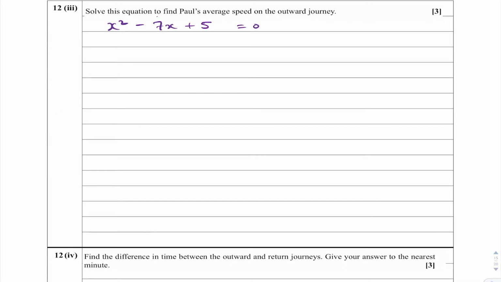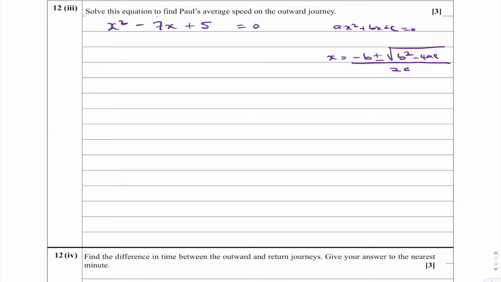We can use the formula. For a quadratic equation ax squared plus bx plus c equal to 0, x equals minus b plus or minus the square root of b squared minus 4ac, which is the discriminant, over 2a. We could use that here, as we couldn't factorize it.